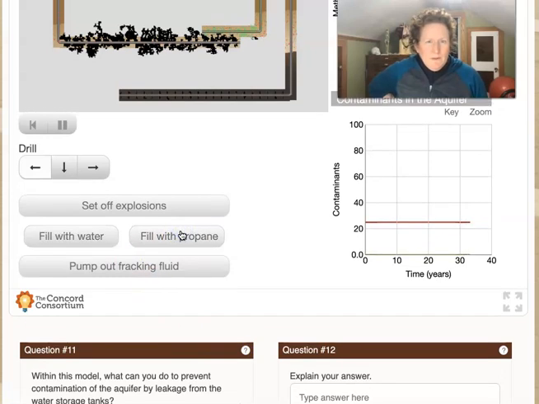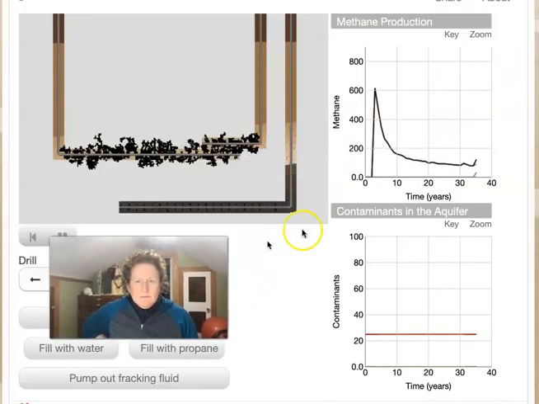Fill it with propane. Pump out the fracking fluid and see what happens. We'll get a little bit of natural gas. And you can see there's fewer contaminants when you use propane.